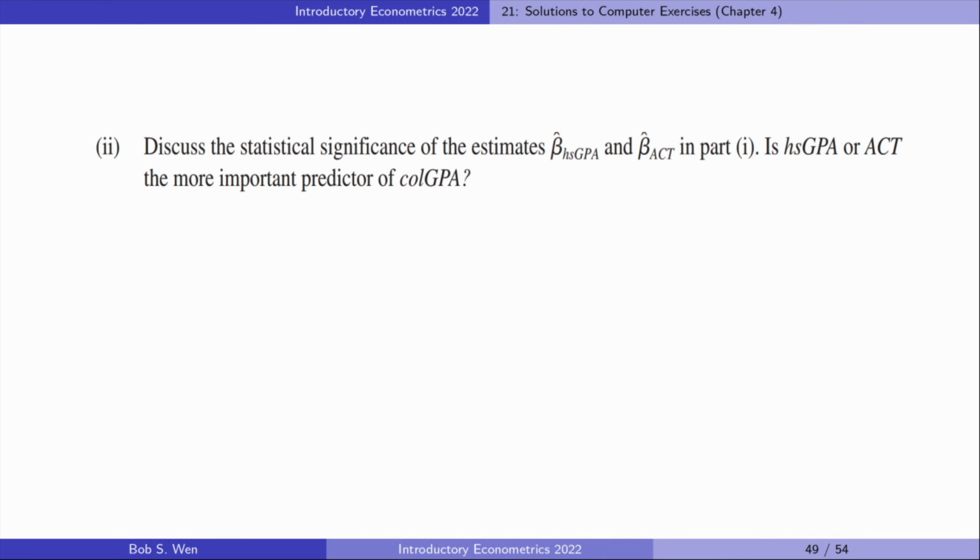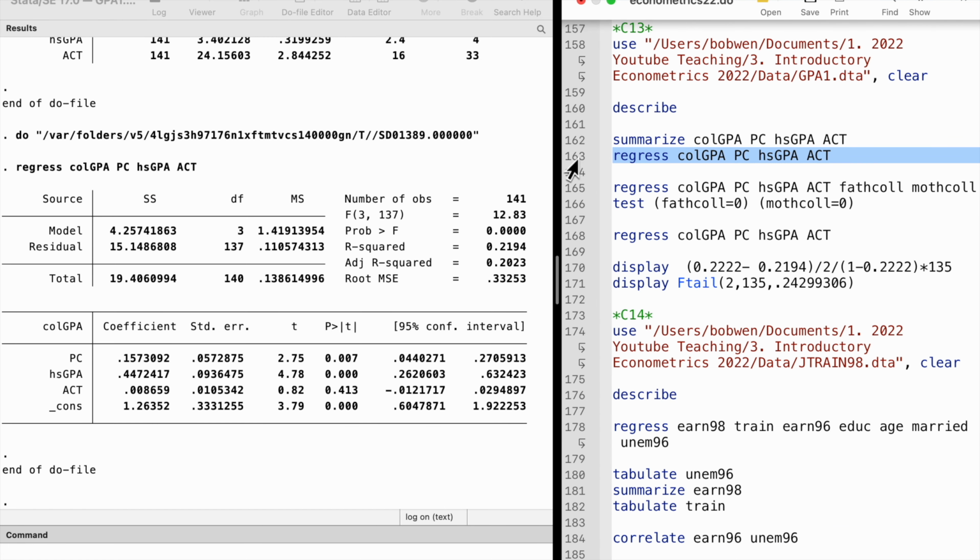For the second part, we find that the estimated coefficient on the ACT variable is practically tiny and statistically insignificant at any conventional level. By contrast, high school GPA has a much larger effect on college GPA, and the effect is statistically significant at the 1% level.